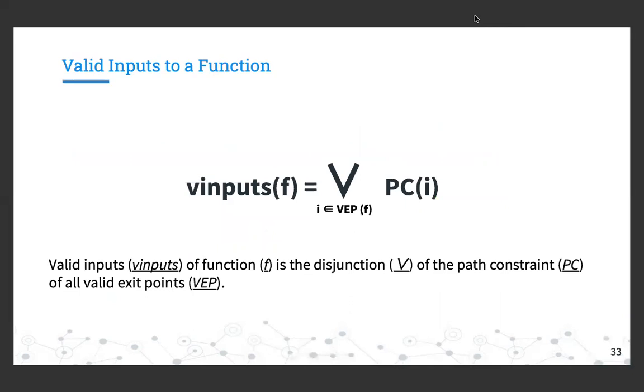Now, for a function that has multiple valid exit points, we can take a disjunction of the path constraints of all the exit points. This gives us all the valid inputs to a function.